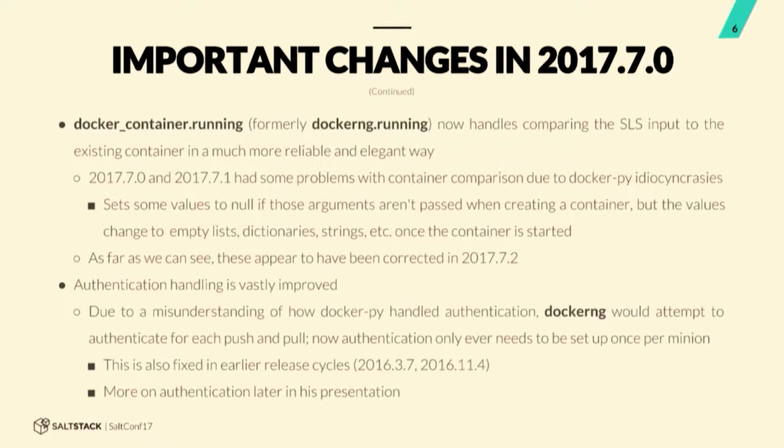And so there were a couple of hiccups in comparison for new containers. Those we think are more or less resolved for 2017.7.2. We haven't had any further reports when it comes to that.